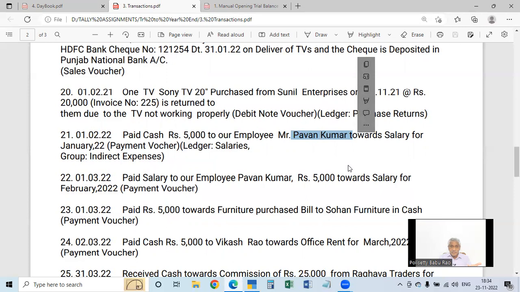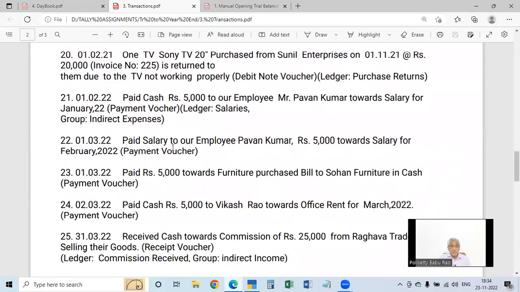So the salary account is one, and the other is cash. Cash account is credited and the salaries account is debited, that is 5,000.